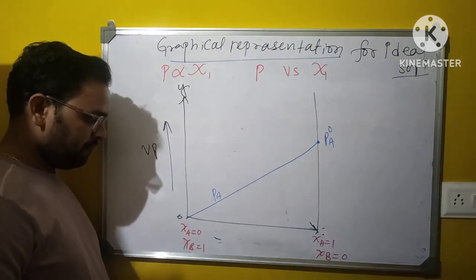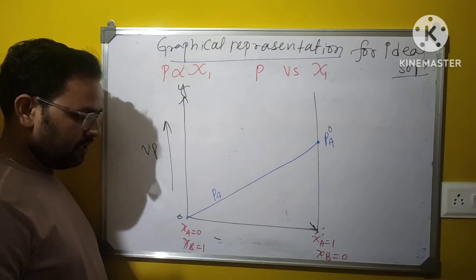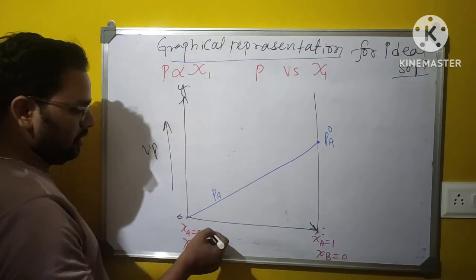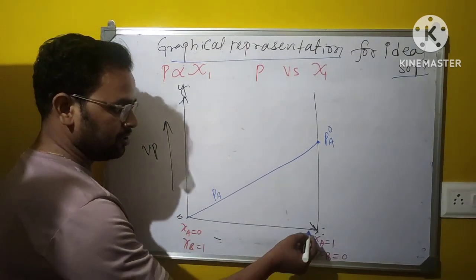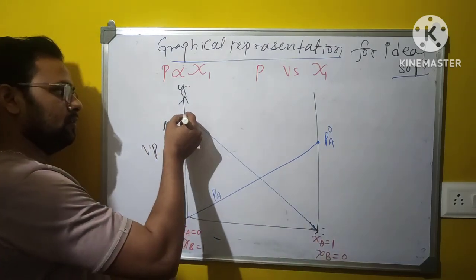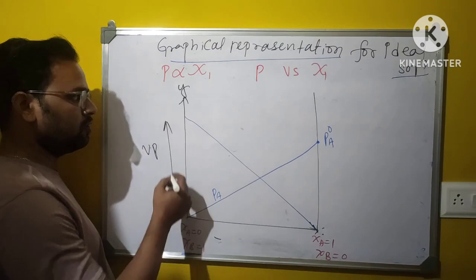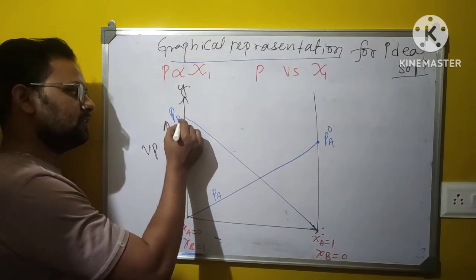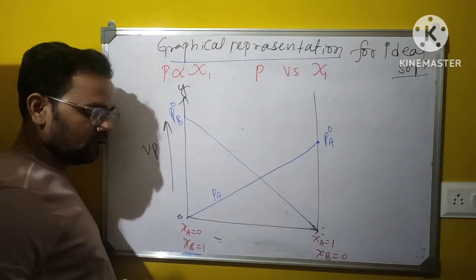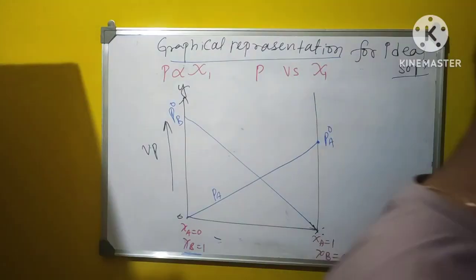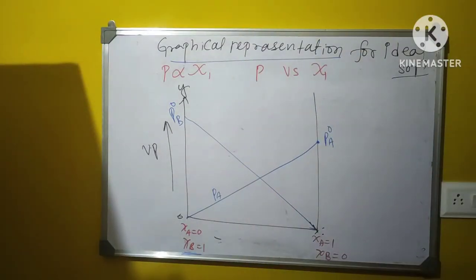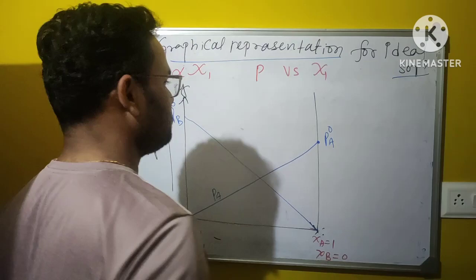When mole fraction of B increases from here to here, then vapor pressure also increases. When mole fraction of B is equal to 1, at that time pressure exerted by a liquid B is equal to PB naught.